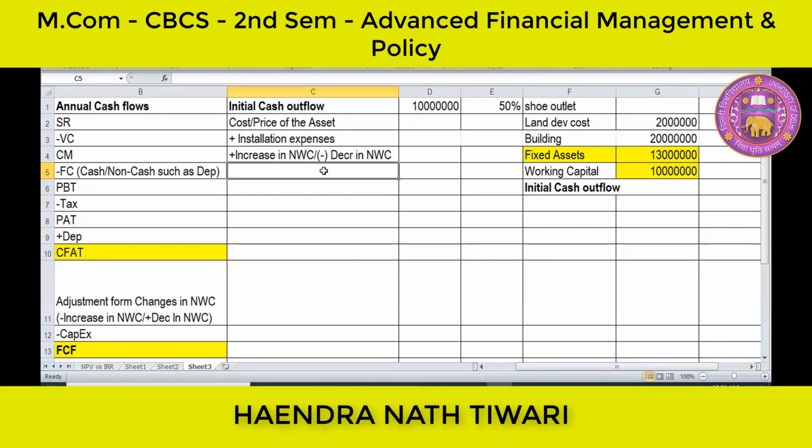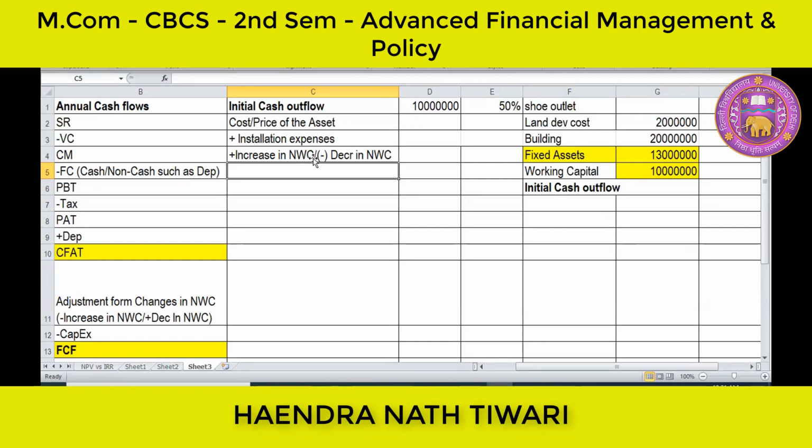So it's not that the previous required working capital is no more required, it's there. But because your production capacity has gone up, you need more investment than you already have.